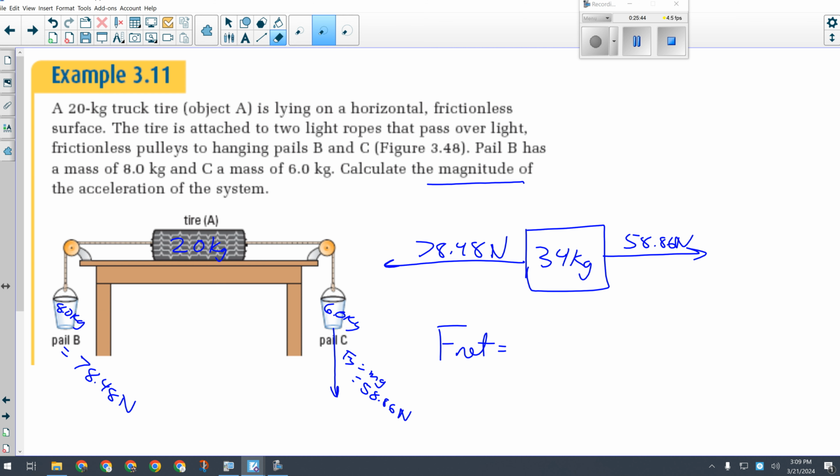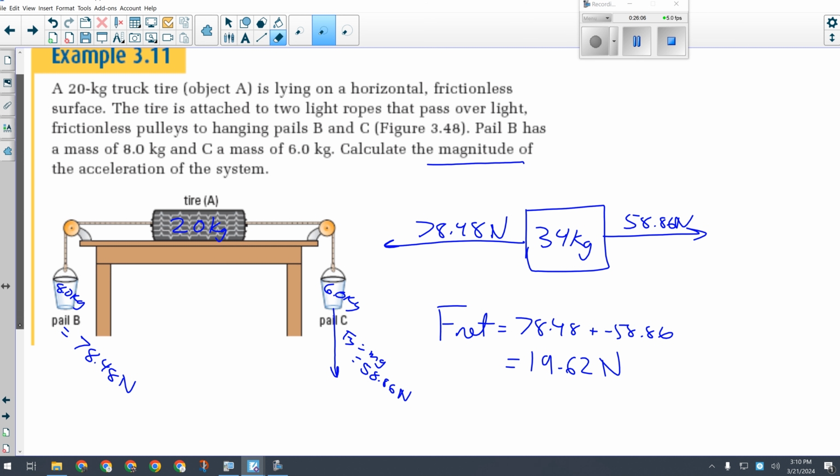There's only two forces. I know them both. So yes, I can definitely do sum of all forces. 78.48 plus negative 58.86 should be 19.62 newtons. I can't give a direction right now, so I'm just going to leave that as that force.